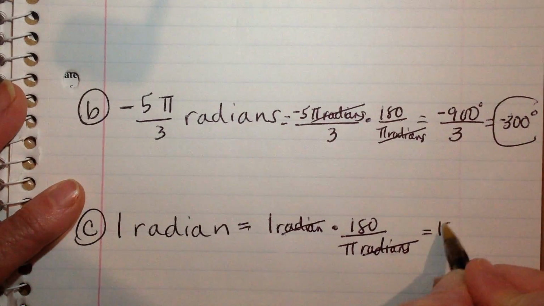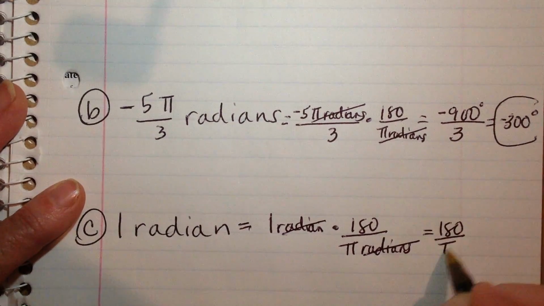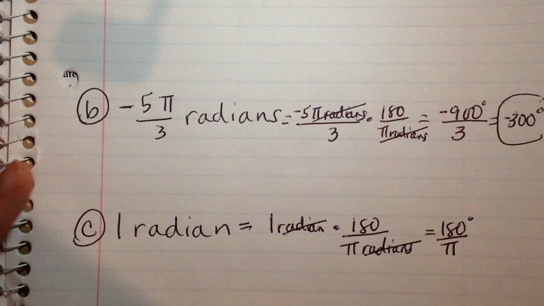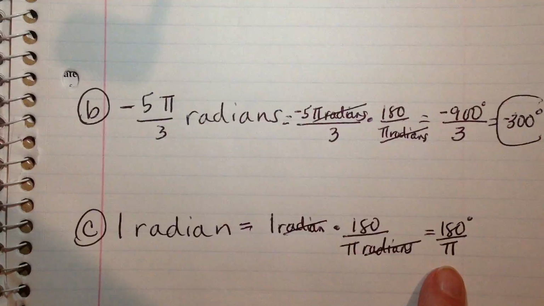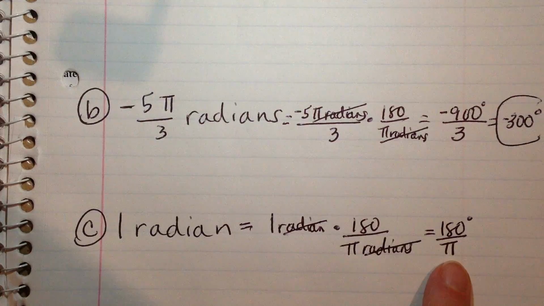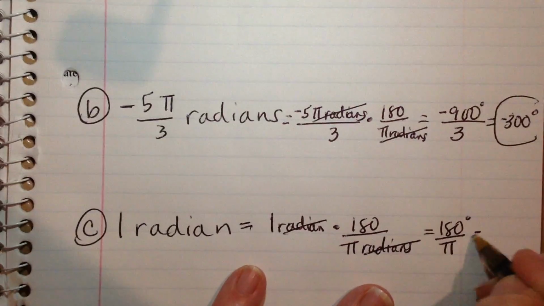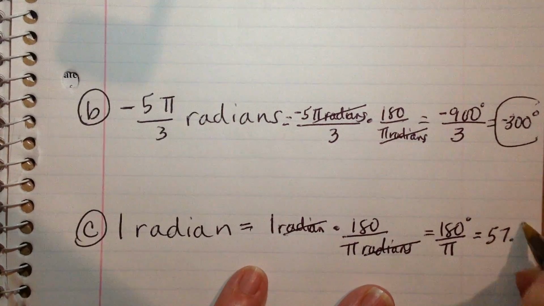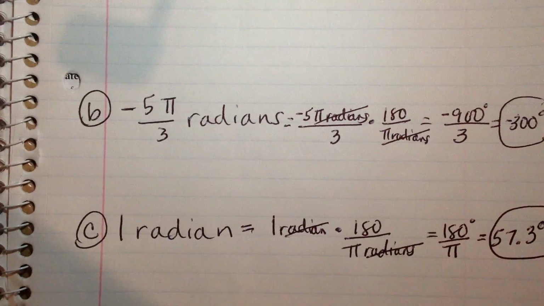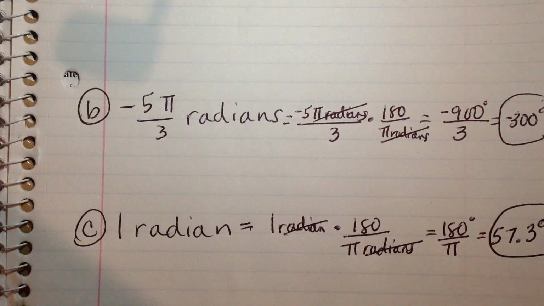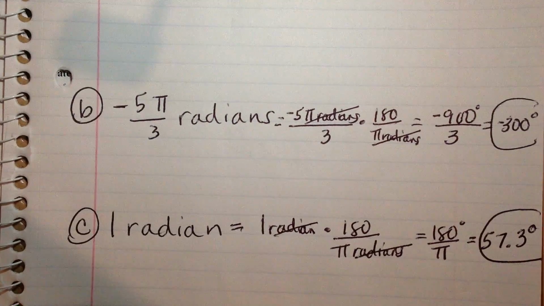I end up with 180 divided by pi. That's degrees. Now we would punch it in our calculator. 180 divided by the pi button gives you 57.3 degrees.